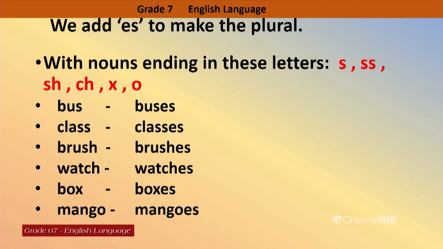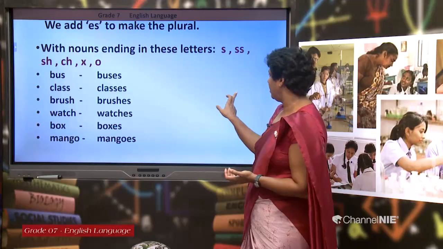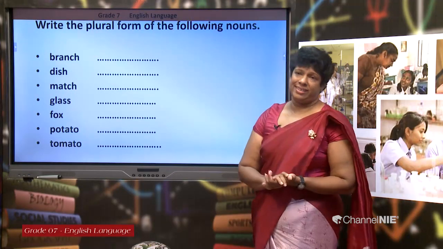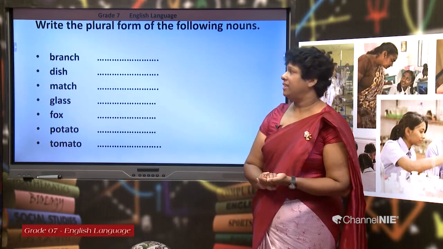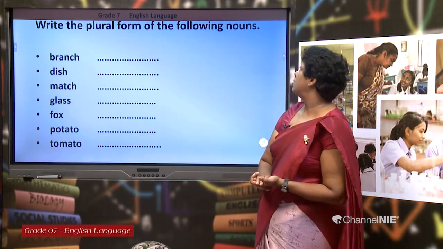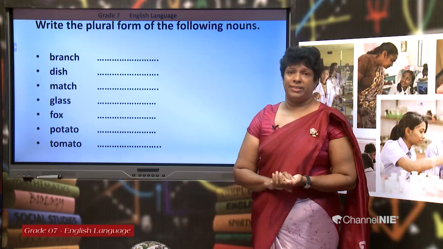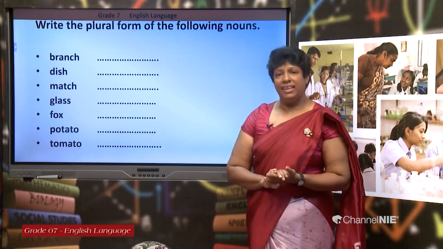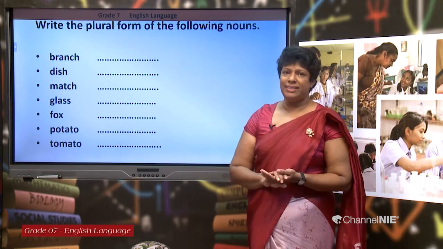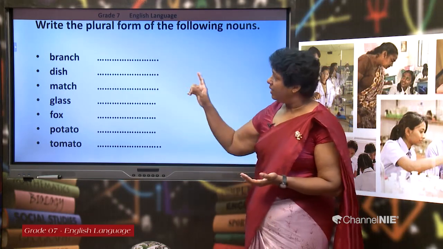That is very important to remember, otherwise you will make mistakes in making nouns into plurals. Remember that, and look at this activity. Write the plural forms of the following nouns. This is given for you to practice the thing you learnt in the previous lesson.